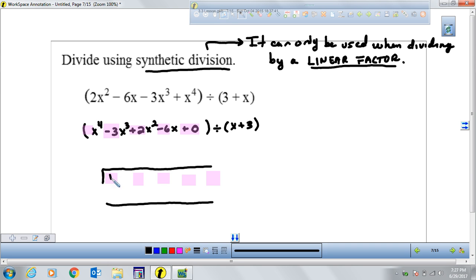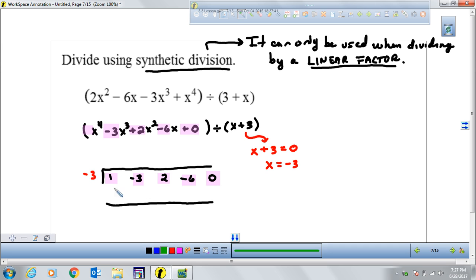So the coefficients are 1, negative 3, positive 2, negative 6, and 0. And then on the outside of this division, for the x plus 3, we have to equal it to 0. Your divisor, you equal it to 0 and you solve for x, and that gives you x equals negative 3. So we're going to place a negative 3 on the outside.